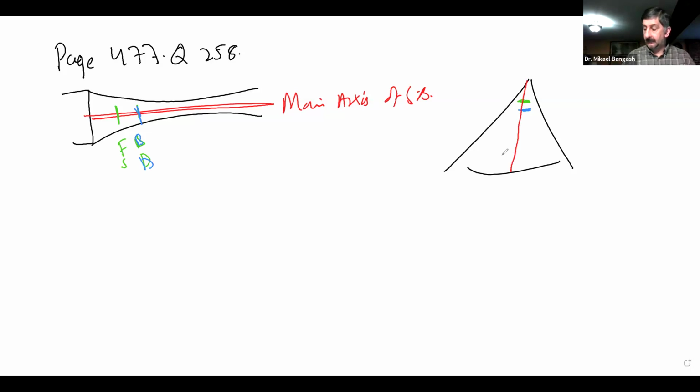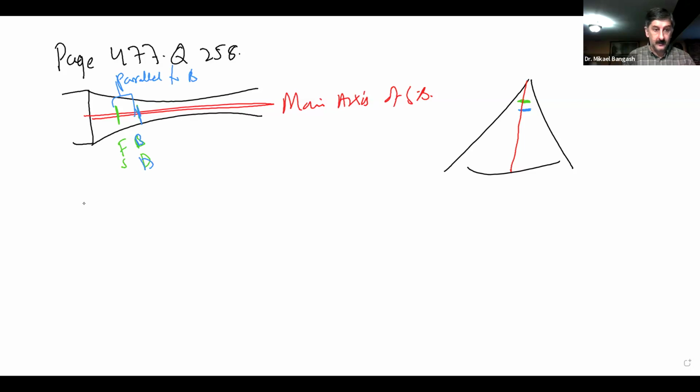Did you guys get that? Okay. The answer: parallel. So this is what they will call parallel to the beam's main axis.